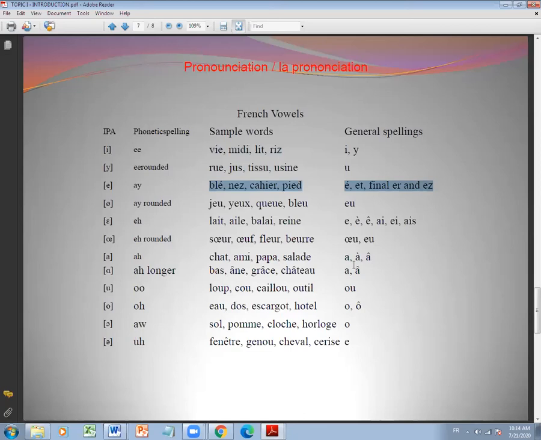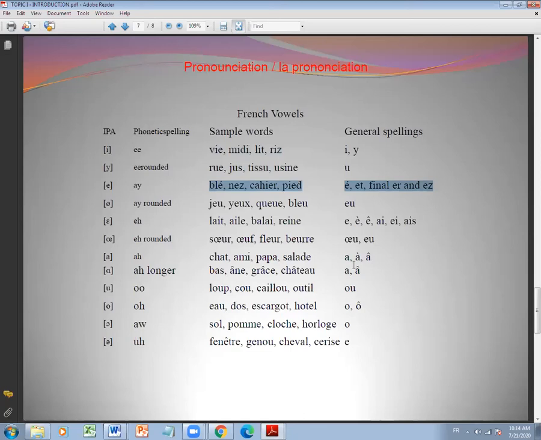Now that one might be a challenge for you, but we say when letter C is followed by letter A or letter O, the sound is K. So in that case, we say cahier. Cahier is the exercise book or the notebook.